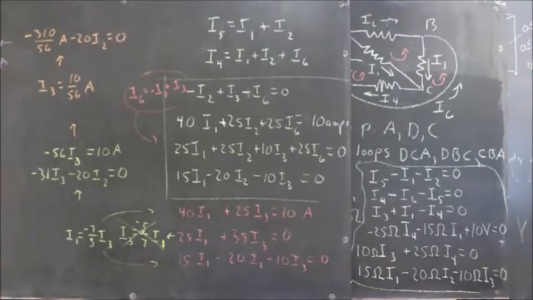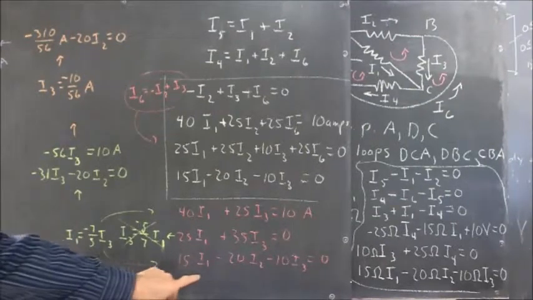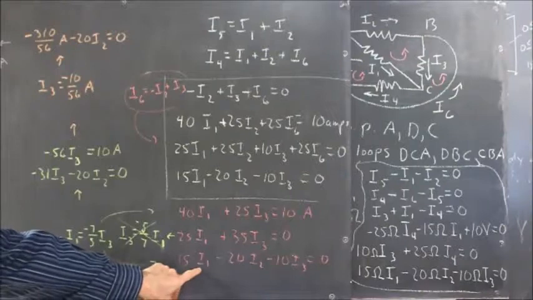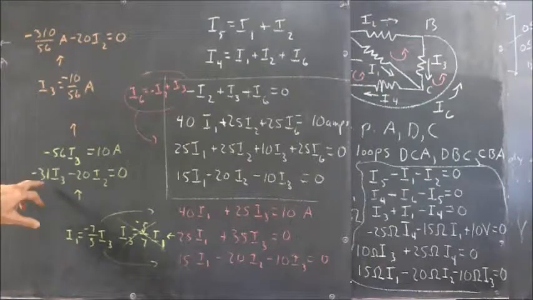It's going to be, oh heck, I've got a sign problem here. It's going to be negative 10/56 of an amp. It's going to fix what I did up here, but we'll fix that. And then substituting this in here for I1, we're going to end up with negative 31 I3.